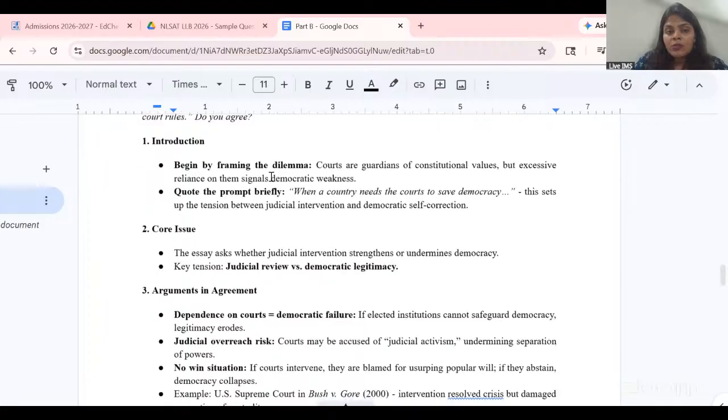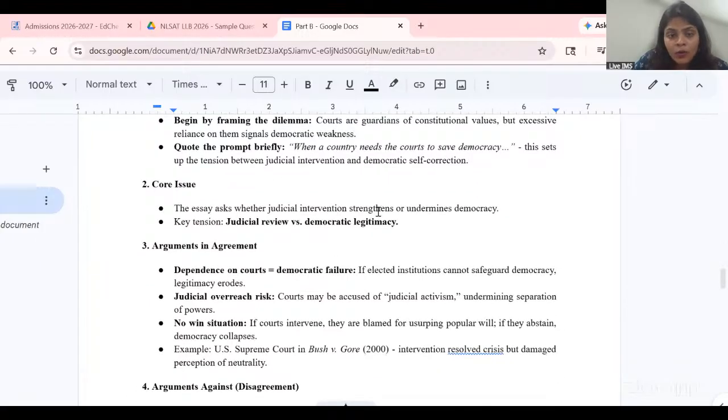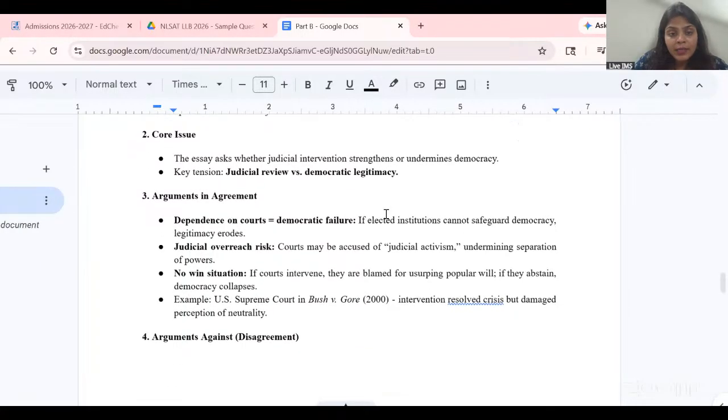So when we talk about this question, how do you start? I have highlighted that you start by mentioning that these are the things that we are going to discuss. You start by setting up a context about the entire discussion. Then you move forward. You mention the issues that you are going to touch upon.